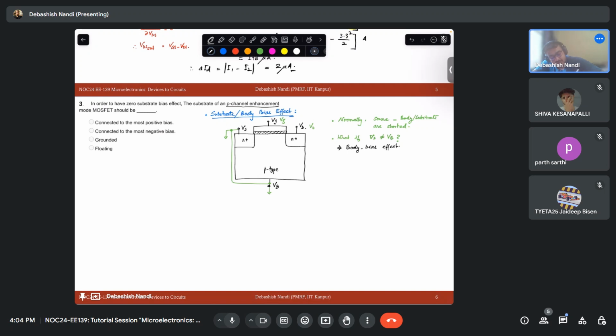Now to understand this effect, I'll just discuss it in a different way. I will take this much of the structure and discuss on that. Then you will see that it is a very easy connotation to extrapolate the effect of body voltage on the entire characteristics.